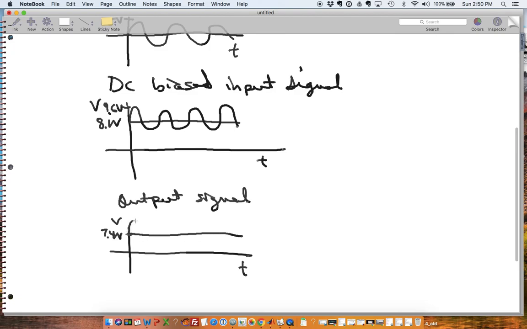Now we've got the same signal. That's why the voltage gain is 1, because our AC signal didn't change at all. It's just moved up or down. And so the peak is going to be 1.5 plus 7.4, which is 8.9 volts. And down here it's going to be 7.4 minus 1.5.